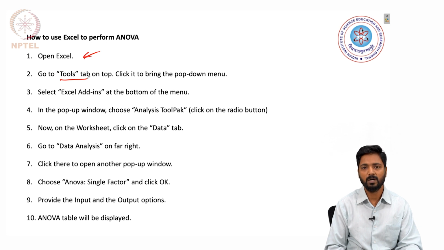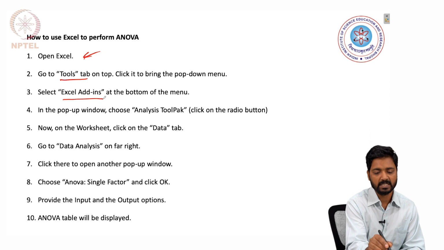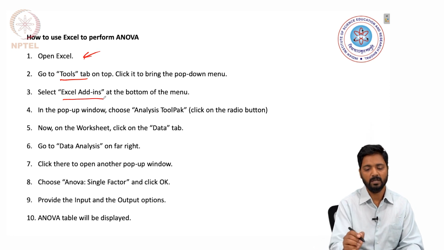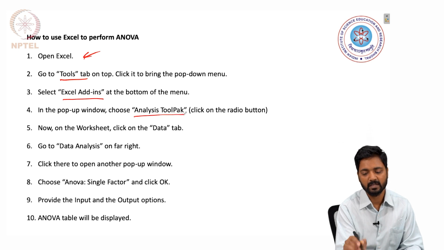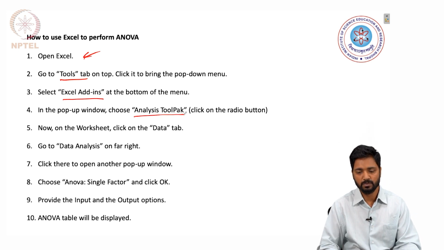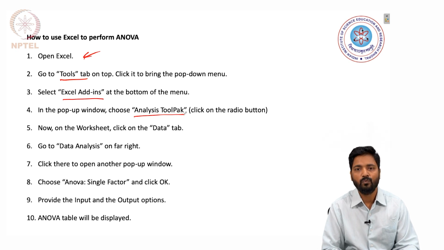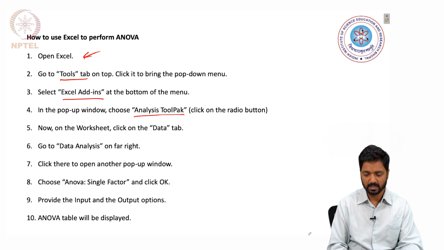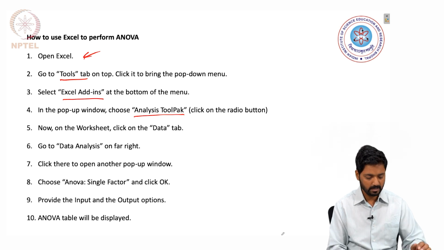This will bring down a pop-down menu from which we need to choose Excel add-ins, and in the add-ins there will be the analysis tool pack, which we need to choose through a click of the radio button. Once we have this analysis tool pack, we can perform the analysis of variance. So, let us actually go to Excel and perform this task.